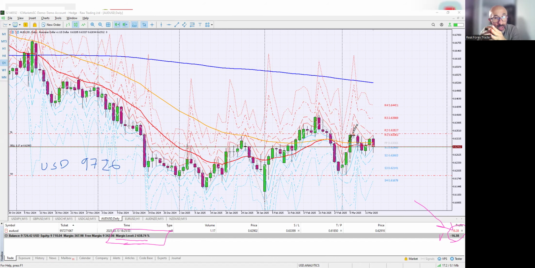It helps you know if you are at risk of a margin call. What is a margin call? It's the moment your broker closes your trades because you don't have enough funds. There's not enough money to keep a trade open. That is a margin call.